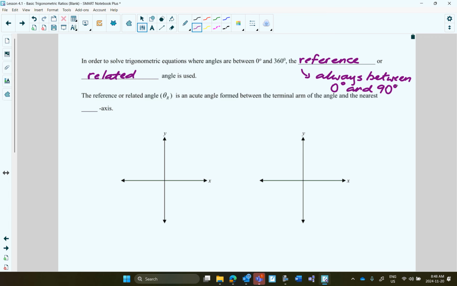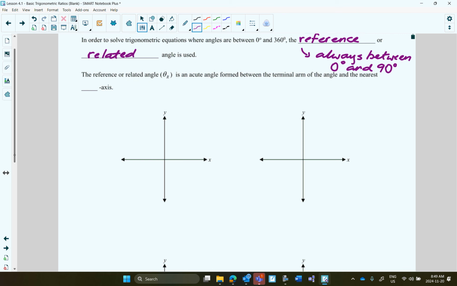And how do you find the reference angle? Well, the initial arm is always going to be the nearest x-axis. And then the terminal arm is going to be the same as the terminal arm of the angle we're trying to find the reference angle for. This will make more sense. So in quadrant 1, let's draw an angle in quadrant 1.